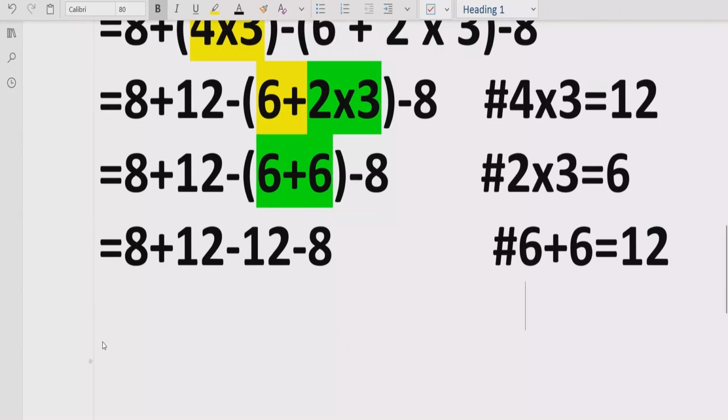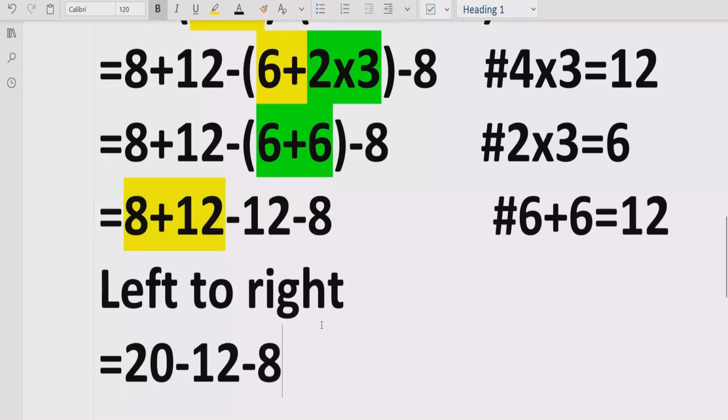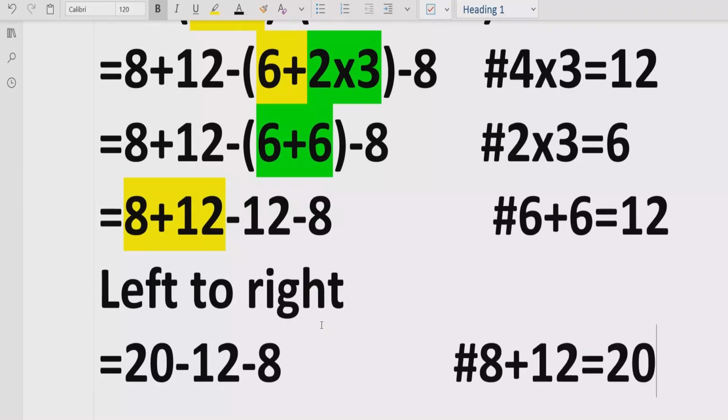We have to go left to right and find out which is coming first. So now we have 8 plus 12, which is 20. It becomes minus 12, and we write minus 8. And here we give the reference: 8 plus 12 equals 20.